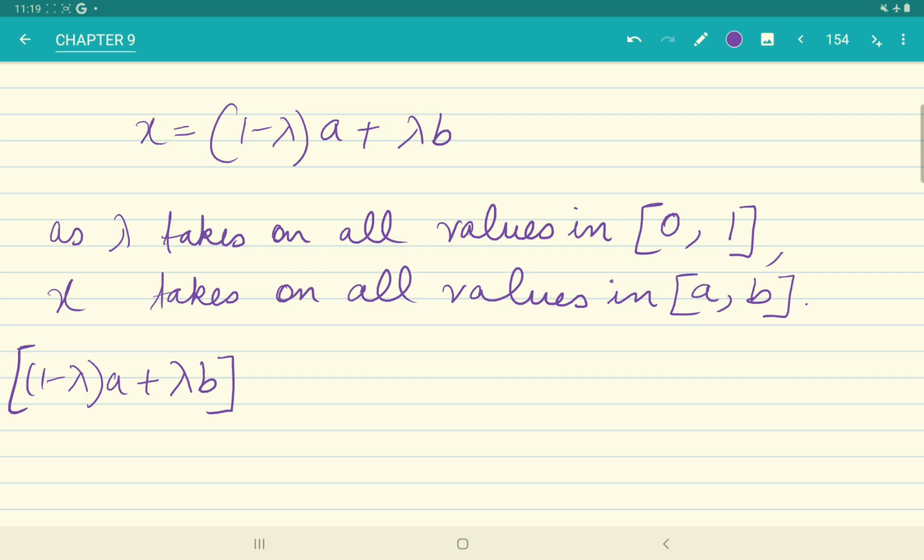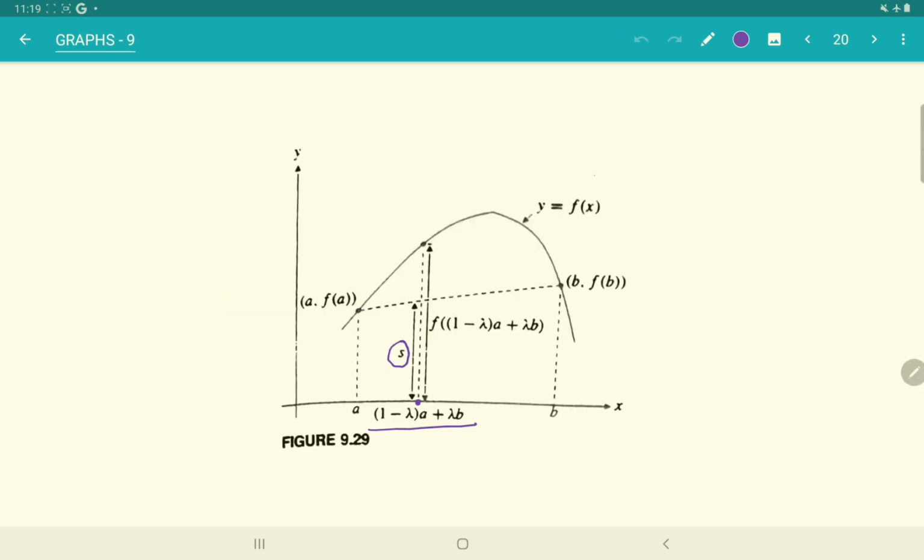Now, if I take up this diagram again, I know that here the function is concave. Basically, that means the line joining any 2 points on the graph of the function is never above the graph.